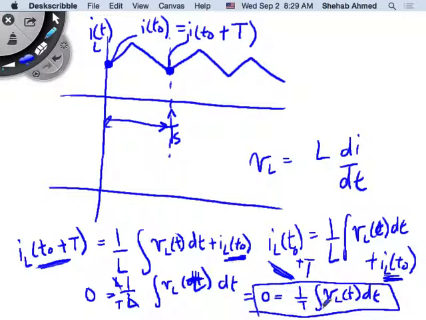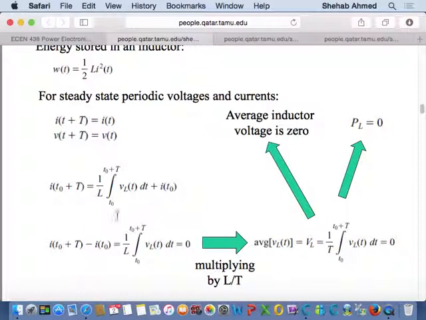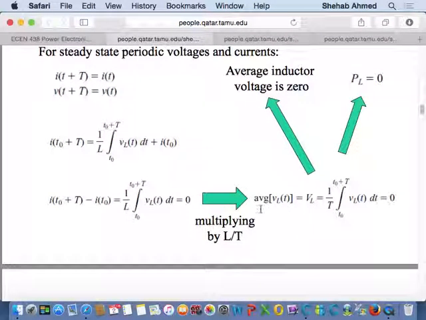So what is this? 1 over the period integration of a waveform over the period is what? It's the average value of a waveform, right? So this is the average value of inductor voltage, right? 1 over T integration of VL of t dt is the average value of inductor voltage. So we know that the average value of inductor voltage is equal to 0. What does that mean? So what we just talked about is written here, right?